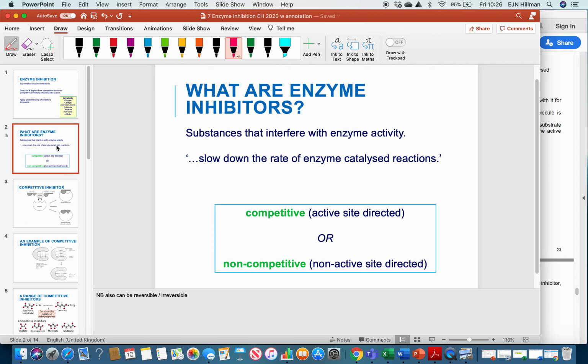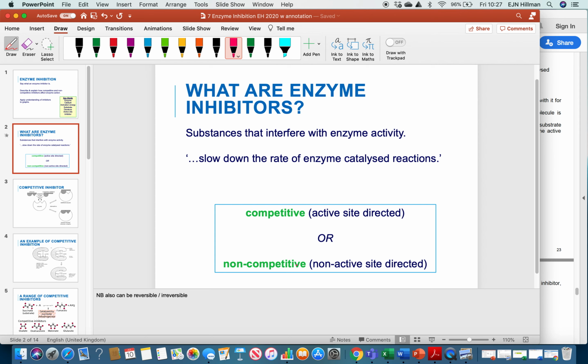So firstly, and very generally, enzyme inhibitors are substances that will interfere with enzyme activity. And we are interested in those ones that slow down the rate of enzyme catalyzed reactions. Now, they can be competitive or non-competitive.